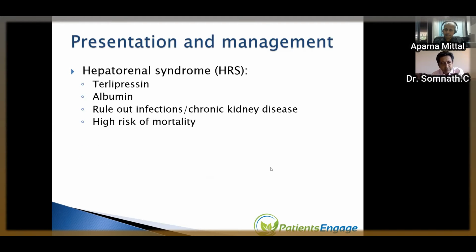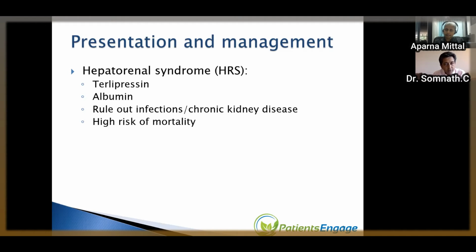Next slide, please. And the last and the most grave complication of end-stage liver disease is when it starts affecting the kidney, which we call hepatorenal syndrome. Basically, there is nothing wrong with your kidneys otherwise, but because the liver is not working well, it starts affecting your kidney, and you start having an increase in your serum creatinine level.